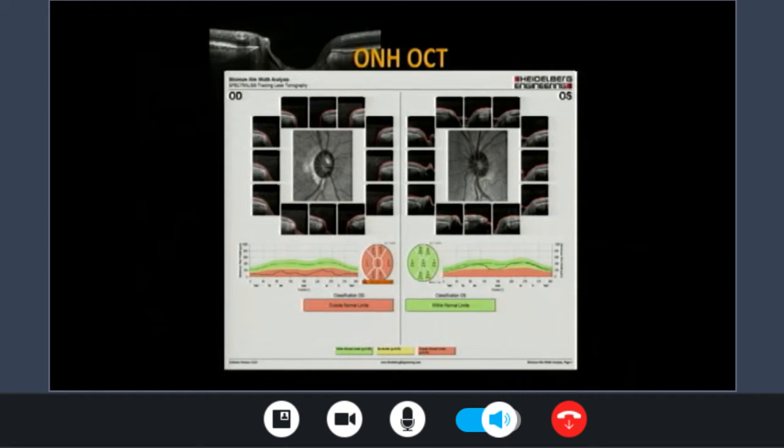It tells you that the segmentation here might not be accurate. Once you see this message, you need to go to the machine yourself and resegment the patient again. Look at the scans. You have 24 radial scans or 12 radial scans that you need to revise, and look at the error. You might have poor ILM segmentation or poor BMO segmentation that you need to adjust. Once you adjust it, this message will disappear and you will have a completely accurate SD-OCT report.